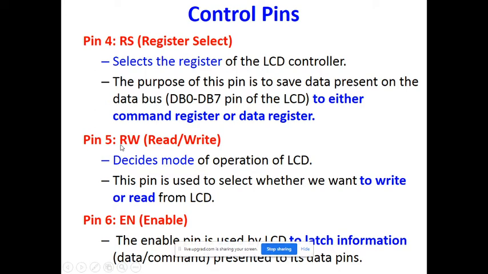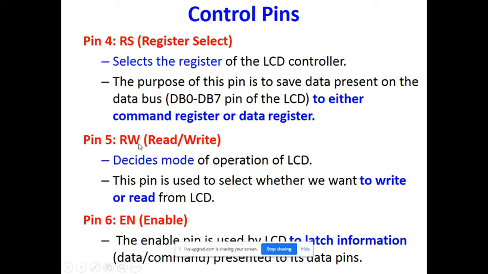Next control pin is RW, that is read or write. With the help of this pin we declare which action is being performed by the controller. For example, suppose RW is equal to 1. At that time the controller wants to read something from the LCD, that is a read action.